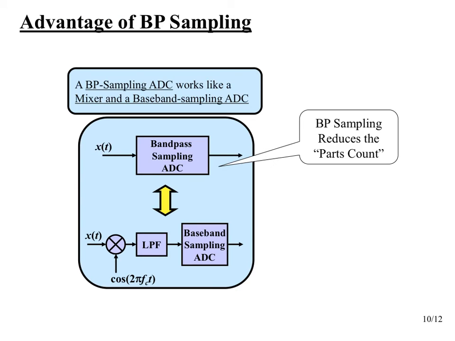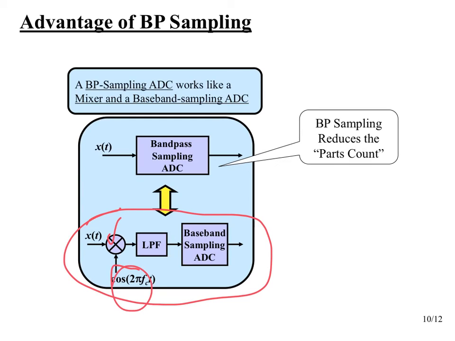So we alluded to the advantages of bandpass sampling and why we might want to do that. This just shows that instead of doing something like this, where we've got a mixer, an oscillator, a low-pass filter, and then baseband sampling using a regular A to D converter, bandpass sampling, at least in theory, allows us to replace all of that with just a bandpass sampling A to D converter.